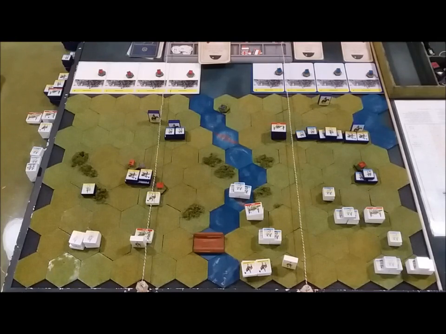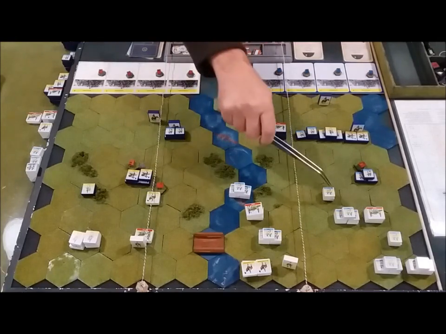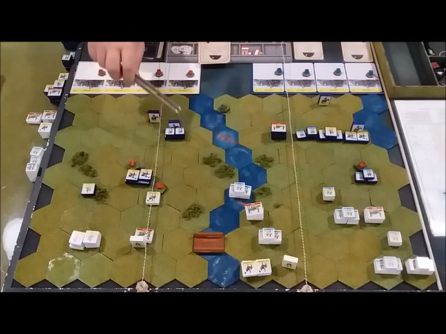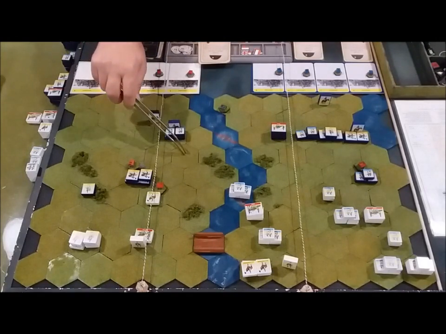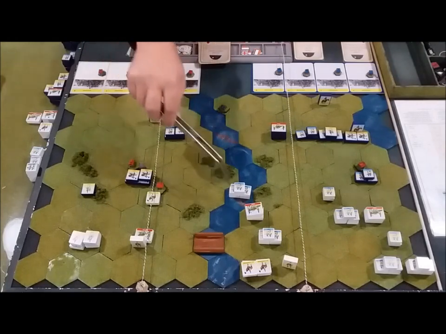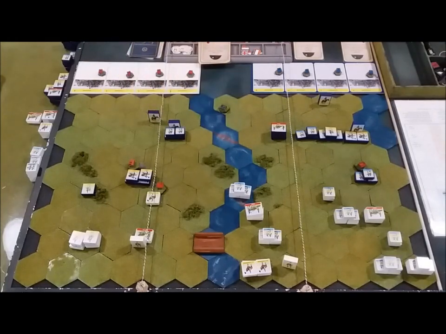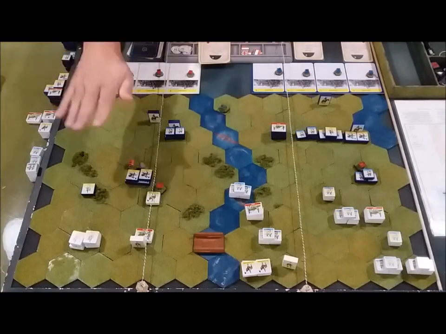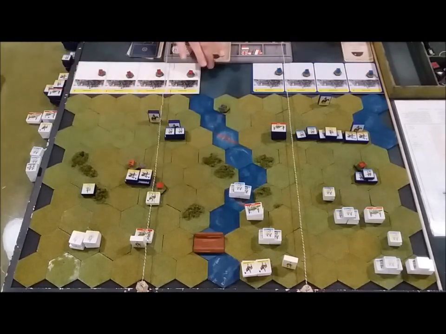Probe centre, we could bring artillery fire down on here, and we could bring this line unit up to either here or here, so they can start to get in here and cause some trouble there. But I think over here is where we're going. And we're going to go for the attack right flank.